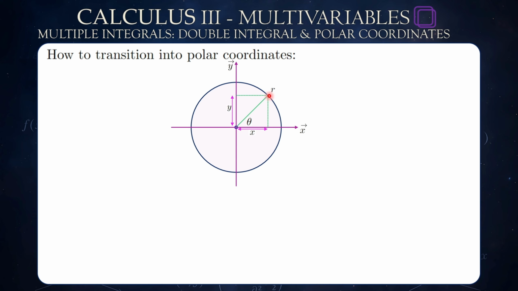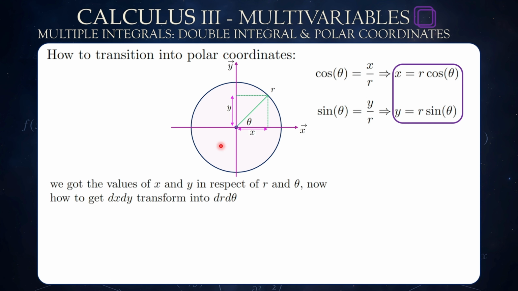So x equal r cosine theta. As for sine theta, it is equal to the opposite side, which is y, the height, divided by the radius of the circle. So y is equal to r sine theta. We got the values of x and y in respect of r and theta.